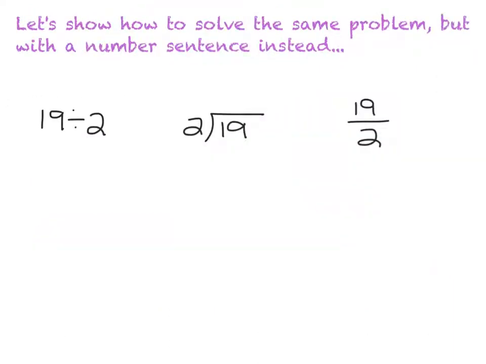Alright, now let's show how to solve the same problem but with a number sentence instead. We can either do 19 divided by 2, 2 into 19, or 19 over 2. Which one would you like to try? I thought so. Let's go ahead and do how many times 2 can go into 19.